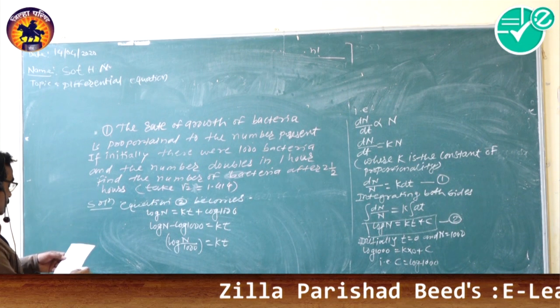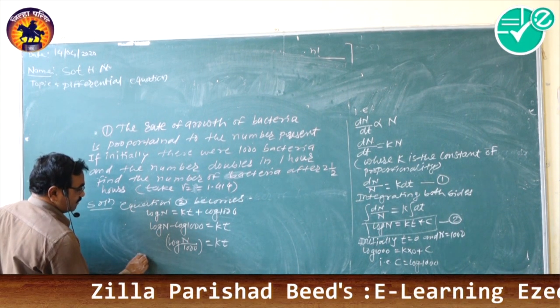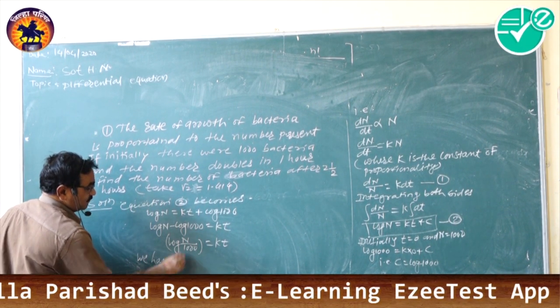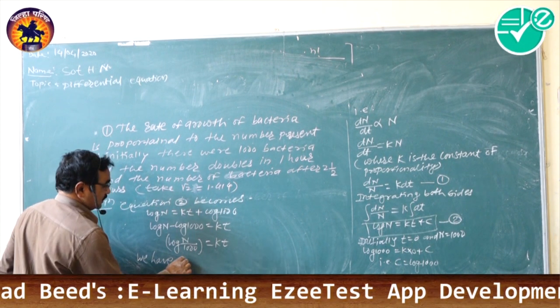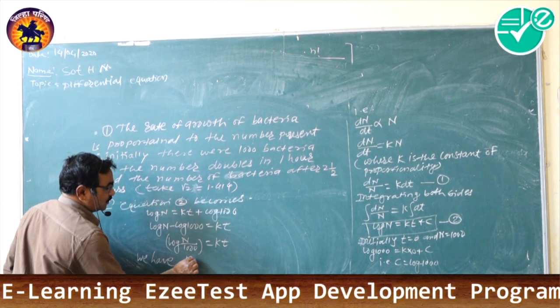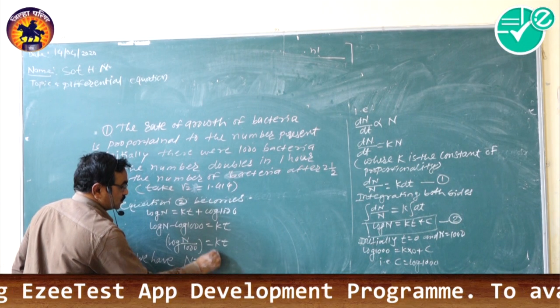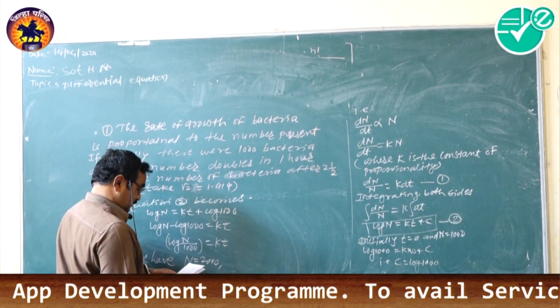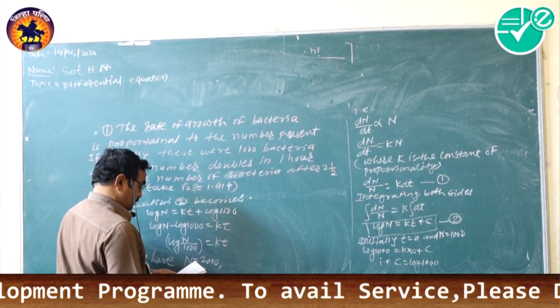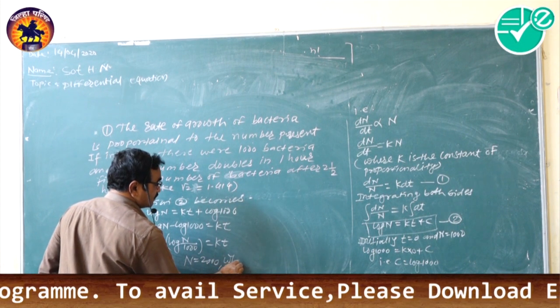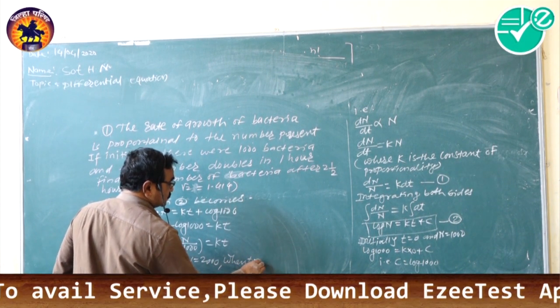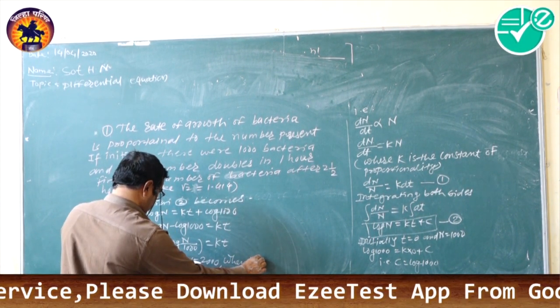Now we have N equal to 2000 when t equal to 1.